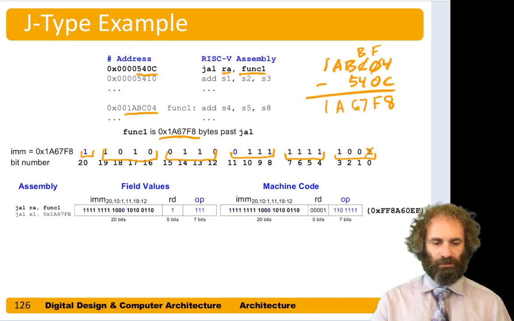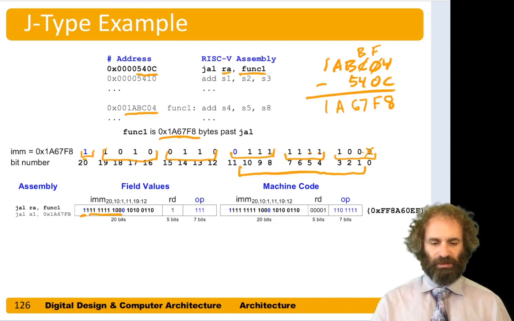So we put bit 20 up here, then we put bits 10 through 1. Bits 10 through 1 are 1, 1, 1, 1, 1, 1, 1, 1, 0, 0.